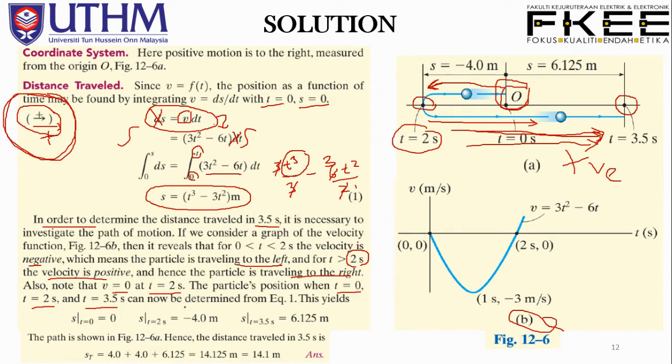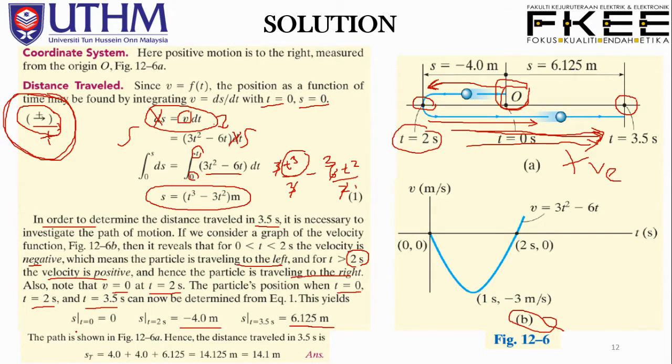Okay, so we can determine from equation 1, this yields s equal to 0 at t equal to 0. When time equal to 2 seconds, this is actually negative 4.0 m, and at t equal to 3.5 seconds, the distance is 6.125 m.